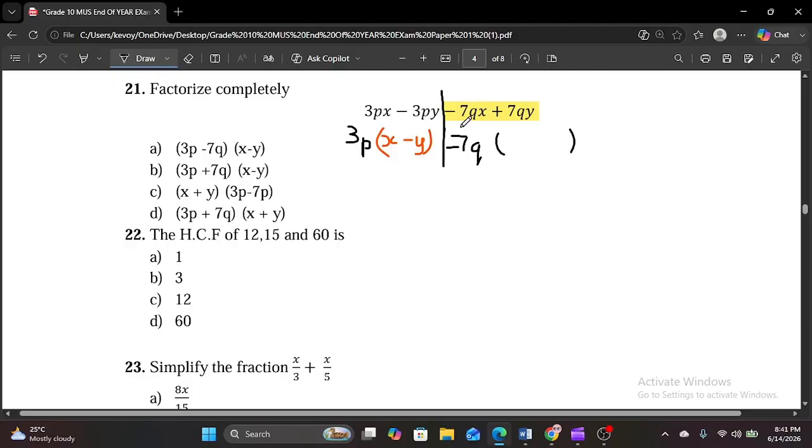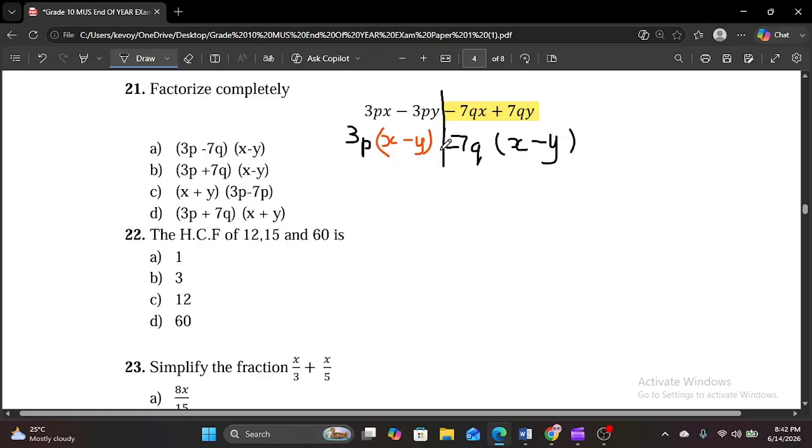Q divided by Q leaves nothing, so +1 and x will just be x. And 7 divided by -7, because I put the -7 outside the bracket, is going to be a negative, and if I take Q from the Q right there, I'll just be left with y.